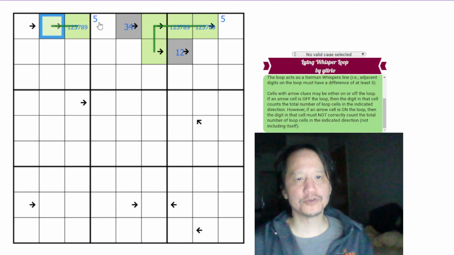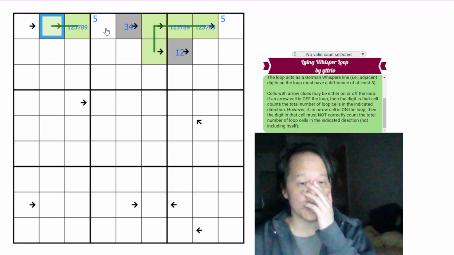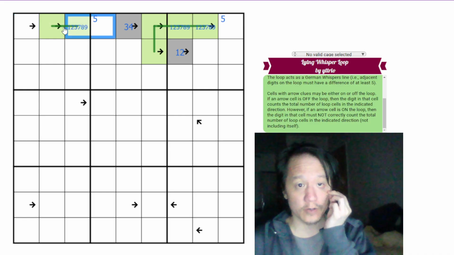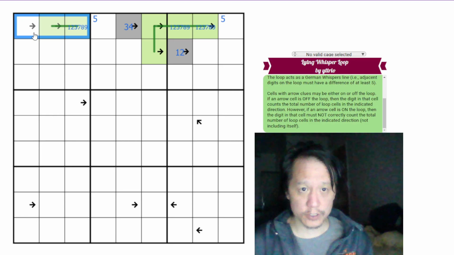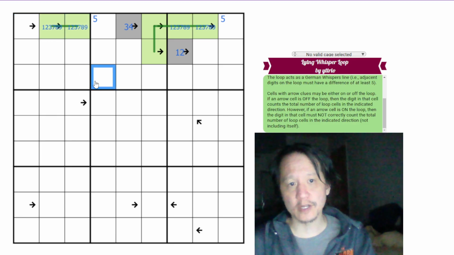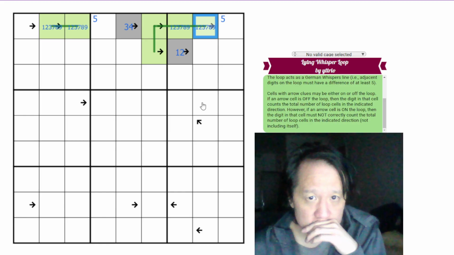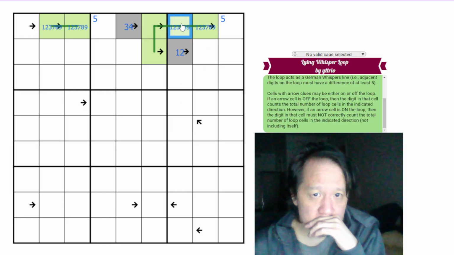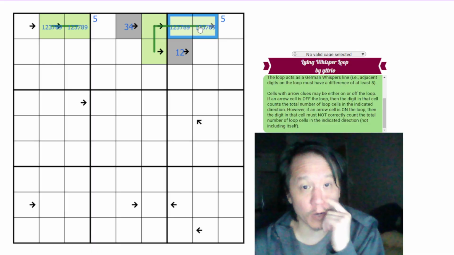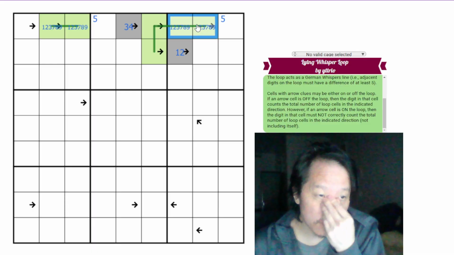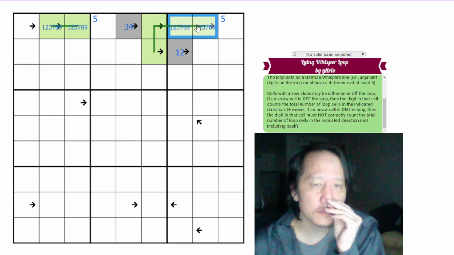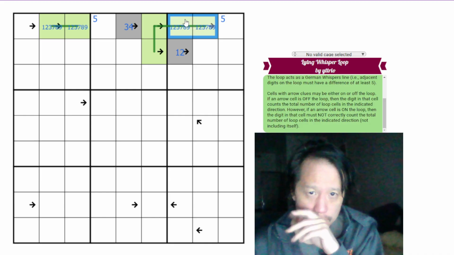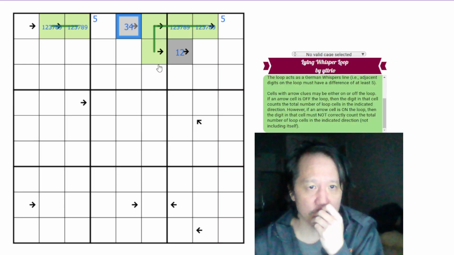This will also see two unique digits on the German whispers line because it goes either here to here or just here to here. So this is 1, 2, 3, 7, 8, 9. So that's 4 already. We have a 3 and a 4.